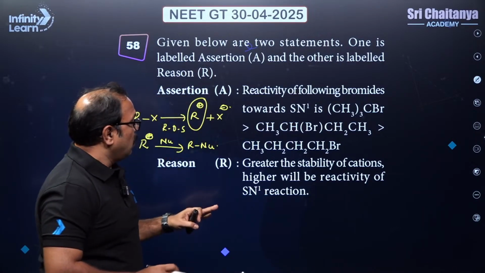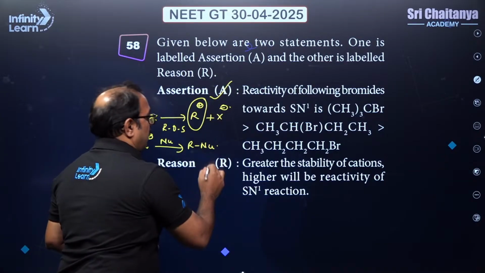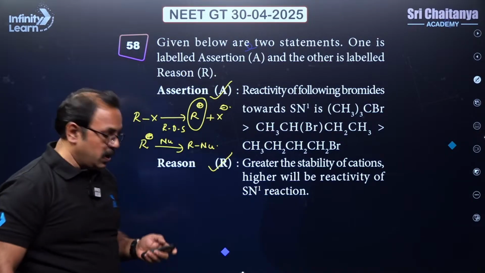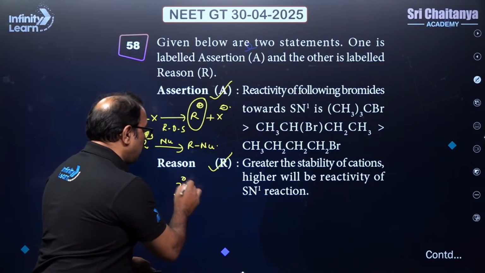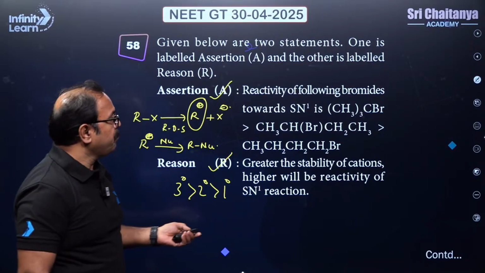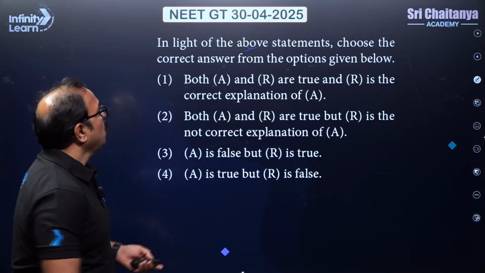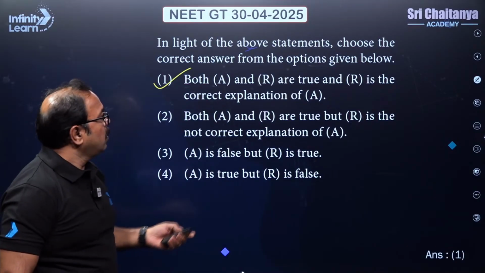It is very strongly supporting the assertion. So both the statements are right, and the reason is supporting the assertion, because we know the stability of cation is tertiary more than secondary, more than primary. So both are true and R is the correct explanation of A.